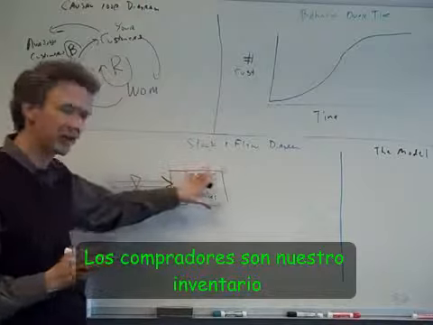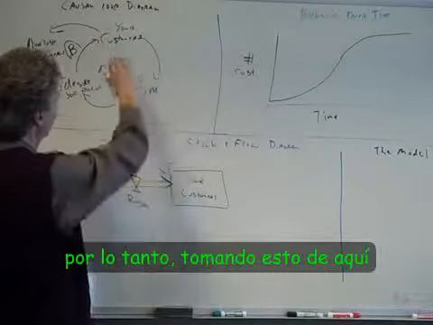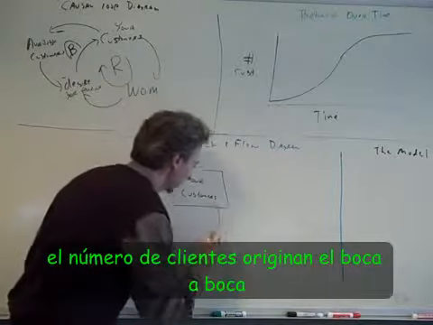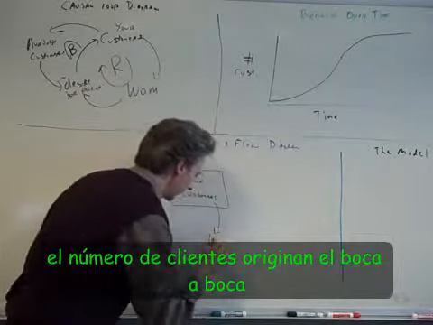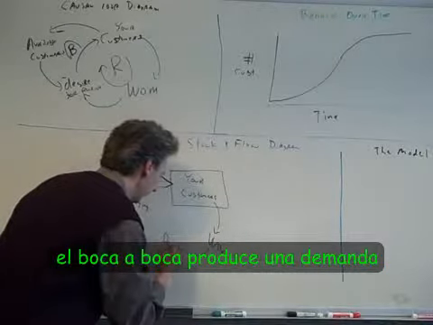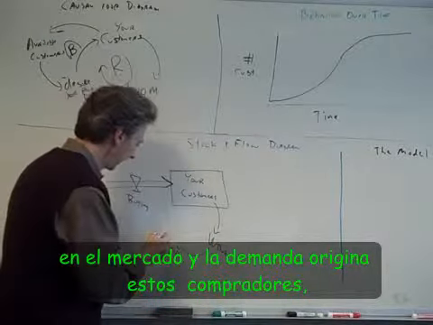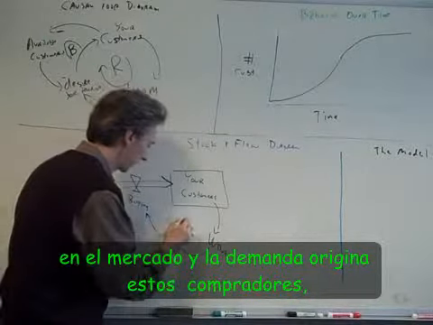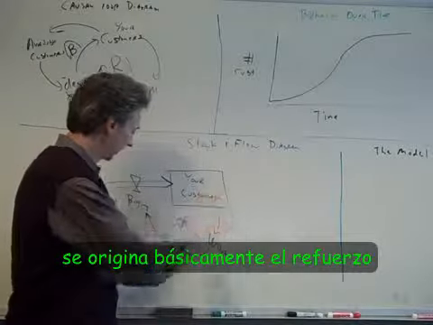Buying will drive this stock higher. So just taking this and turning it into here: number of customers is driving word of mouth, word of mouth is driving demand in the marketplace, and then demand is driving this buying.